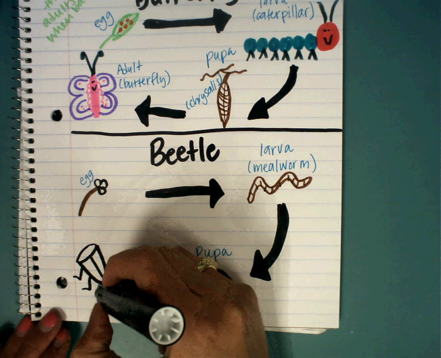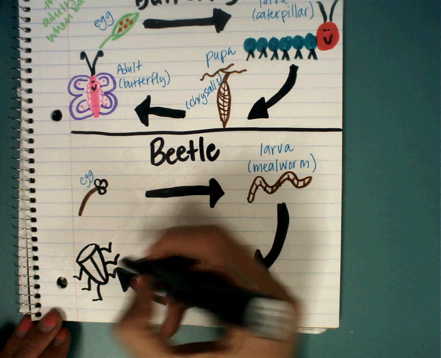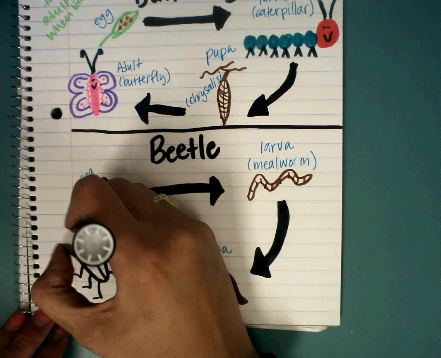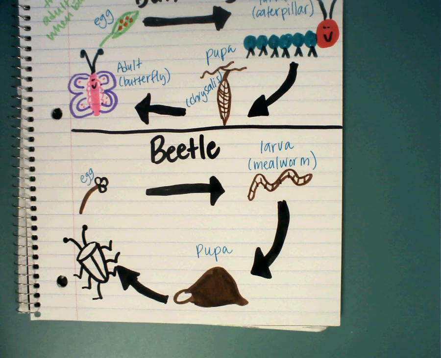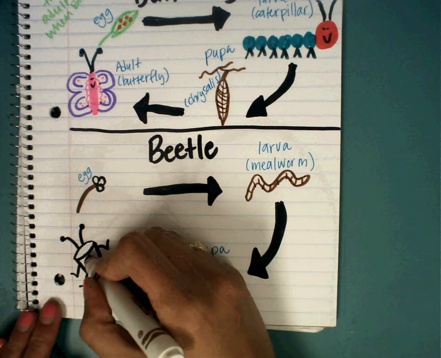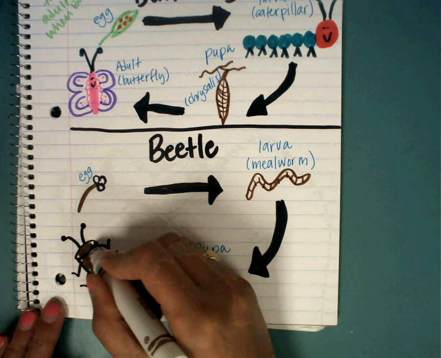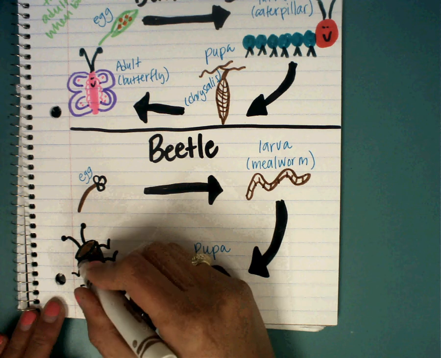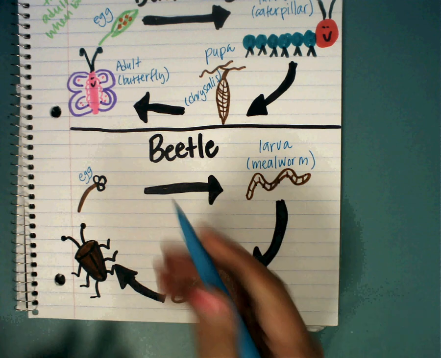I just can't. Okay, he's going to have some antennae. Okay, and we're gonna make him brown just so we can see that line down the middle right there. Those can be wings sometimes. We're not even gonna make him smile. He's not smiling. He's a bug. Okay, but that is the adult, and in this case, it is the beetle.